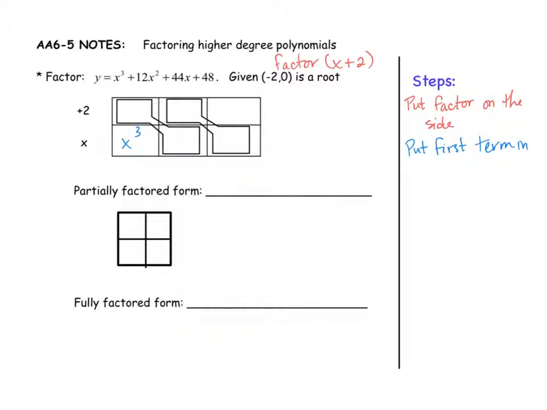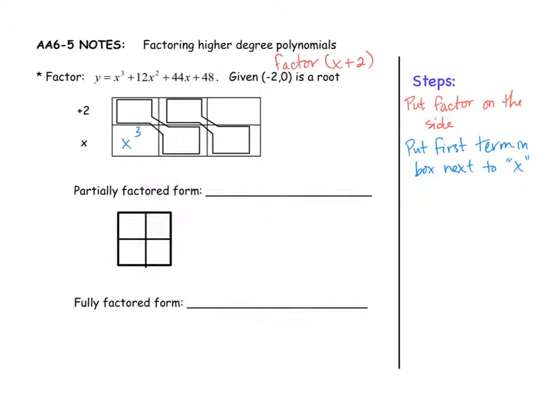I always put it in the lower left box because I put my x right here. But some people put the x up here, so it would be x plus 2, and then they do across the top. There's a lot of different ways to do it, but this is just how I'm doing it.